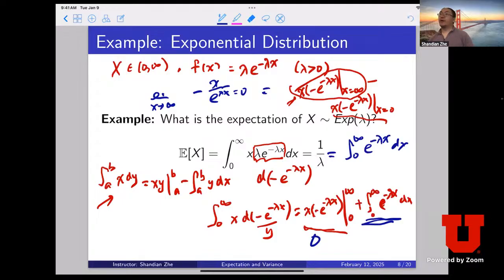This is how we get the expectation of an exponential random variable. We recommend everyone replicate this derivation to recover this result by themselves, because it's really good calculus practice. Any questions so far?